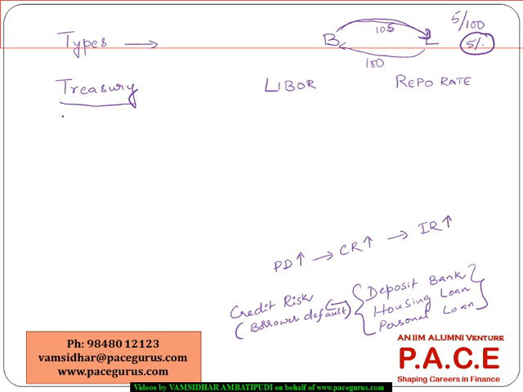Now, the first kind of interest rate which we need to be comfortable with is the treasury rate. Generally, it is the borrowing done by the government. The government borrows in the short term, for 3 months, 6 months, 1 year, by issuing what are called treasury bills, or sometimes in the long term, for longer periods, by issuing what are called treasury bonds.